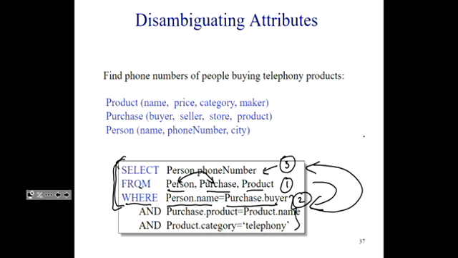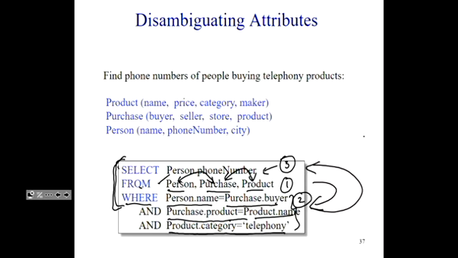And then purchase.product is product.name, again doing an equijoin between purchase and product. And then finally selecting the category of products that I care about: product.category is equal to telephony. So that was the flow of this.